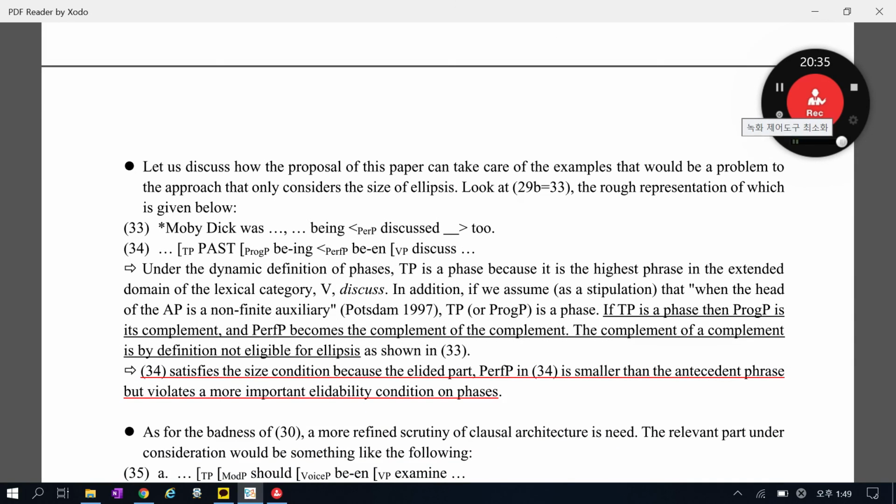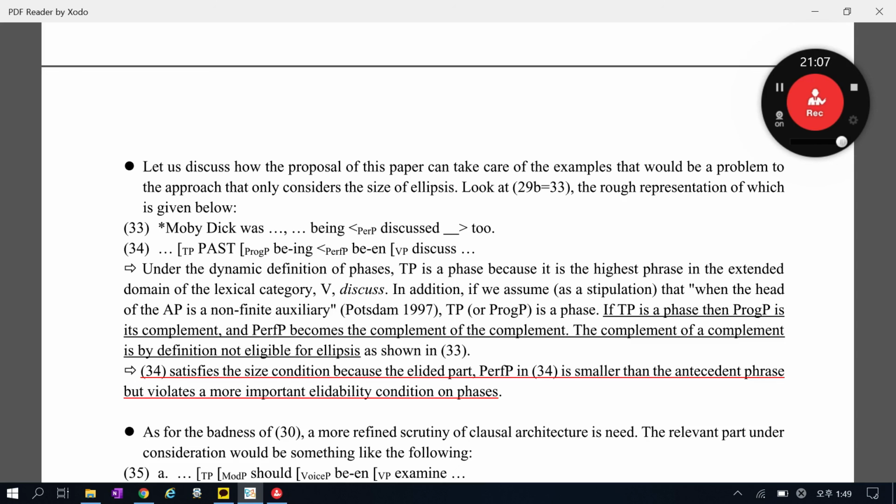Under the dynamic definition of phases, a TP is a phase because it is the highest phrase in the extended domain of a lexical category V. In addition, if we also assume as a stipulation that the head of an AP is a non-finite auxiliary, which was noticed by Potsdam 1997, TP or prog P is a phase.